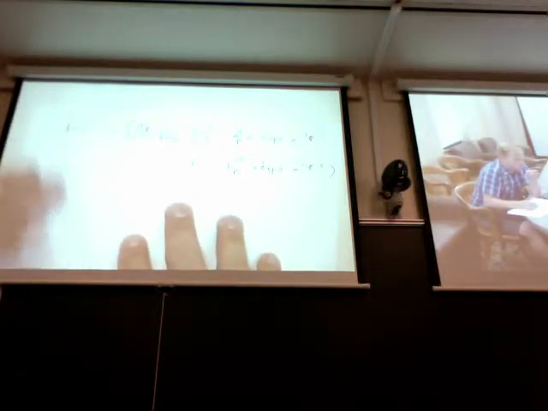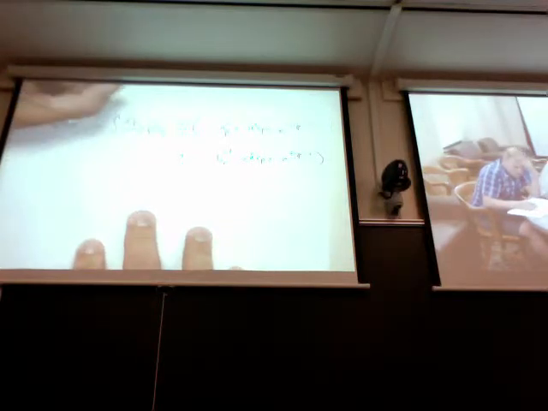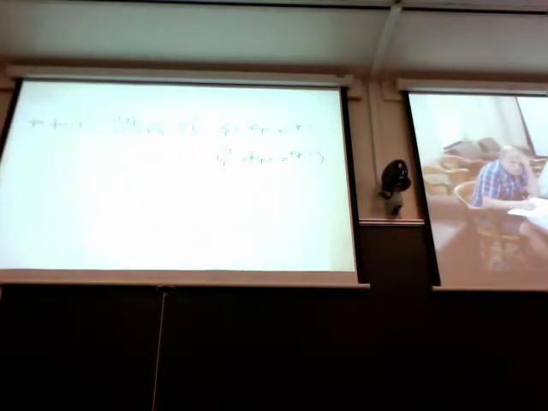And now what I want to do is a parity transformation on these. So I'm going to hit from the left and the right with the parity operator. You guys see? I'm going to do that to the left-hand side.